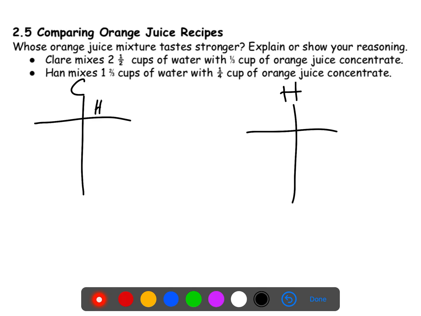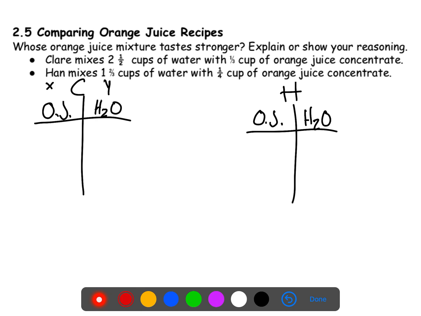So we'll put water in the Y column, and we'll put OJ, juice, in the X column, so that we'll divide water by orange juice. That's going to tell us a unit rate for how much water goes in for 1 cup of juice mixture. We're going to do the same for Han because we have to have a comparable unit rate here. We don't want to mix this up. And then we'll just fill it in.